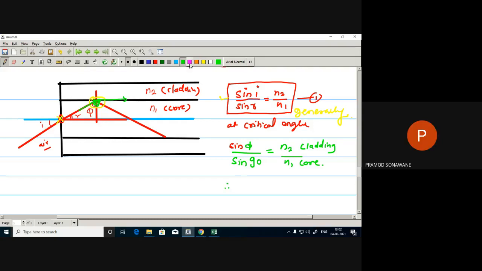So from this, sine phi is equal to, tell me, sine phi is equal to n2 by n1. n2 by n1, which can be written, this phi I can write, suppose this is 90 and this is r, so here instead of sine phi I'll write sine of 90 minus r, which is n2 by n1.